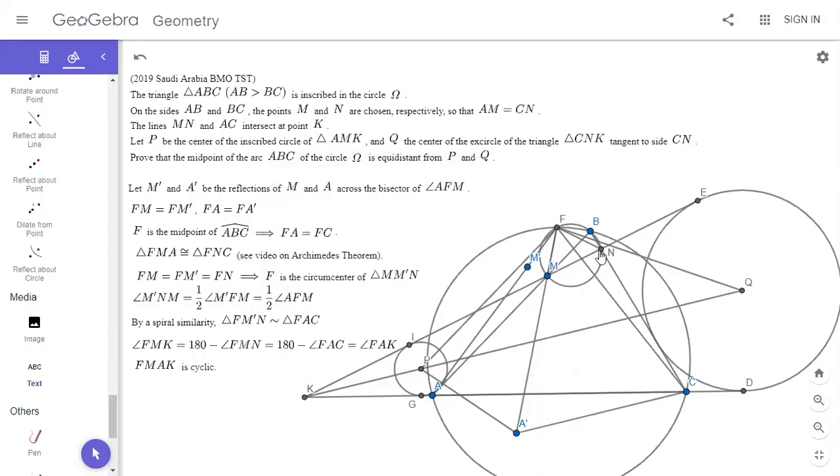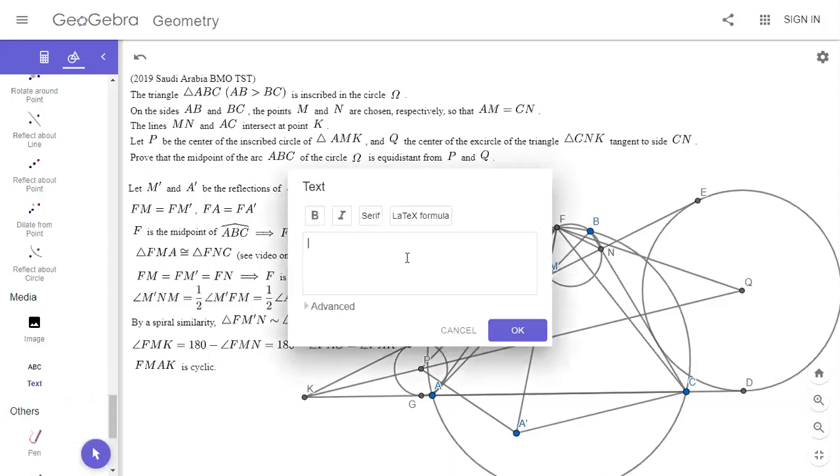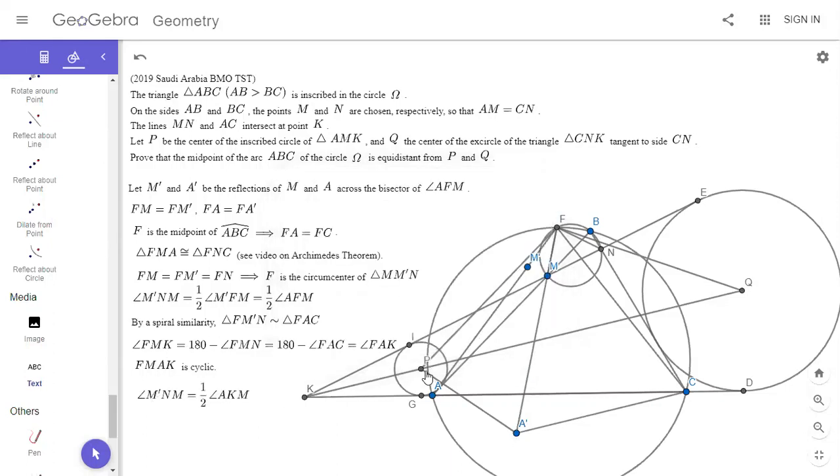So angle M prime NM is half of AFM, and then AFM would be equal to AKM. So that means it's half of angle NKP.